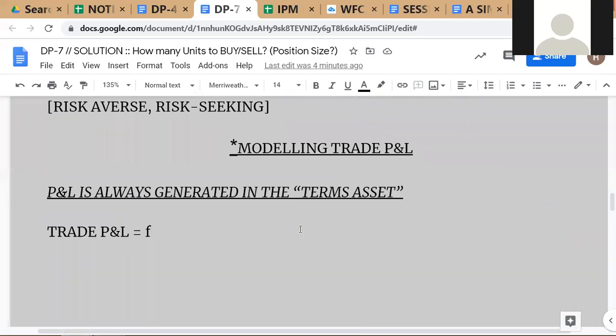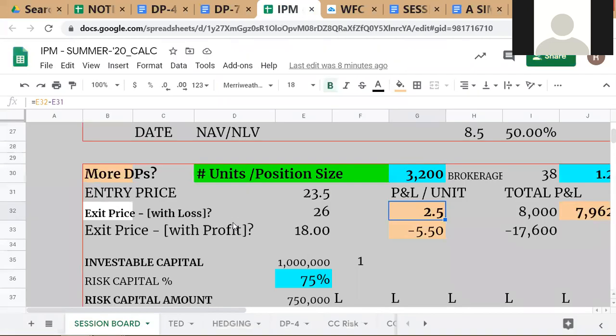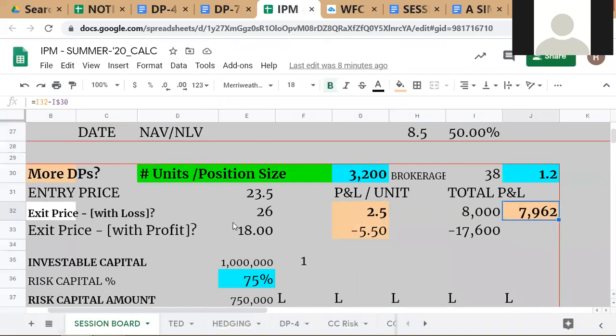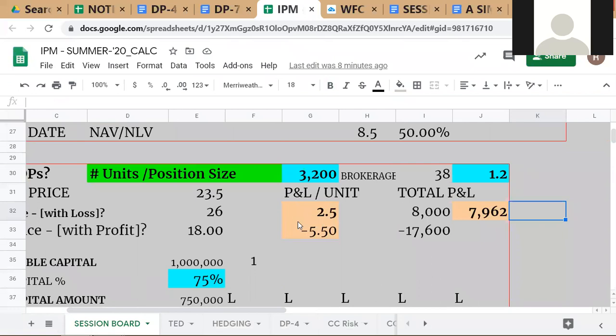So we are going to model the trade P&L, and we're going to learn some principles about modeling the trade P&L. As you can see here, once again we are writing the trade P&L. We are forecasting the trade P&L.